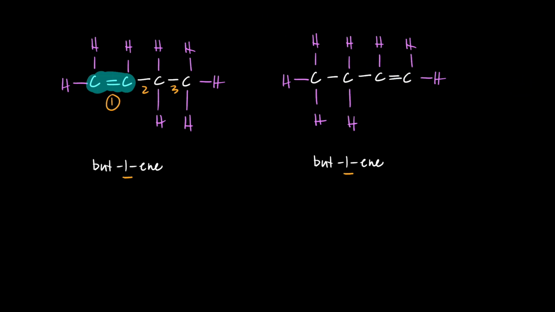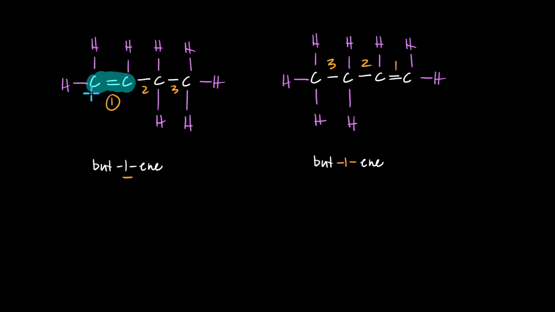Okay. This is but-2-ene. This might look like but-3-ene, but it's not. You might want to call it 1, 2, and 3 from the left, but from behind the paper, the same molecule is 1, 2, and 3. So it's but-1-ene.